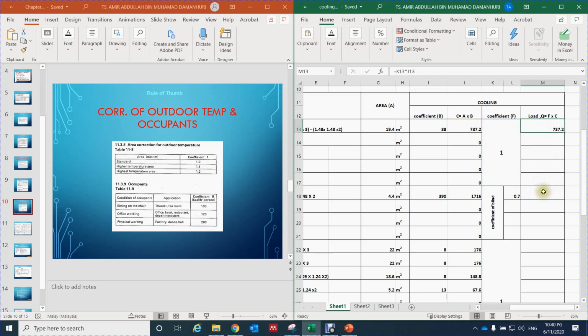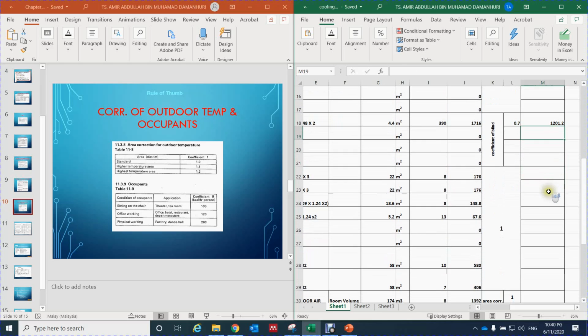Alright, and then the next one is equal to this one multiplied with C here, we can get 1102.